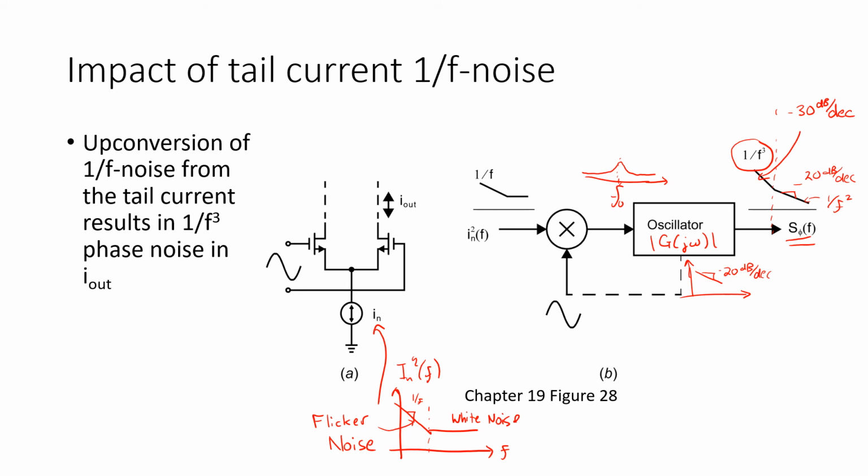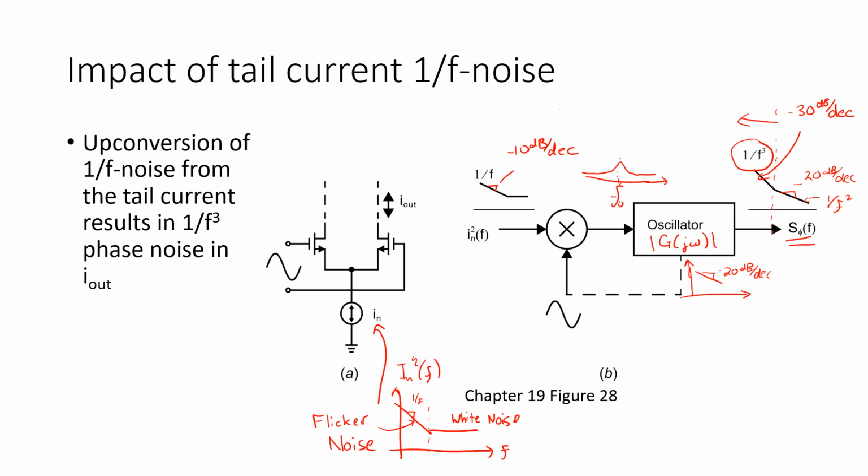And that's coming from the minus 10 dB per decade of the flicker noise, shaped by the 20 dB per decade indicated by the linear model for the oscillator. And so that gives rise to a more complicated phase noise spectrum at the output that has these two regions. At low enough frequency, the flicker noise will dominate, and the phase noise can be expected to exhibit a slope of minus 30 dB per decade.